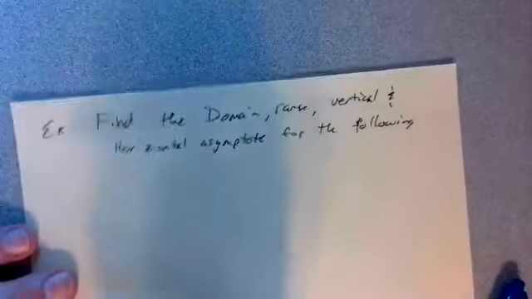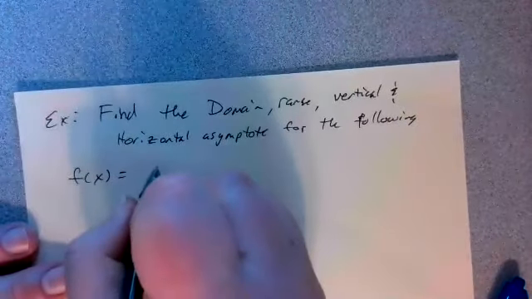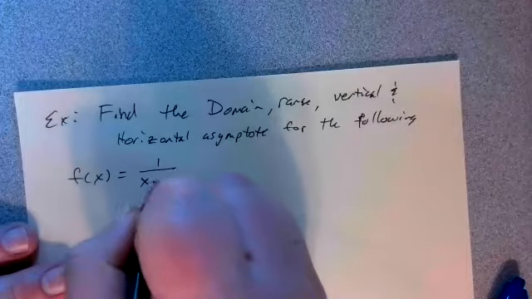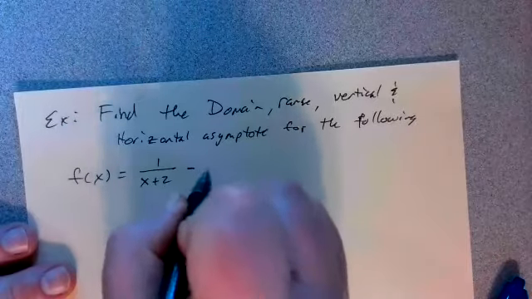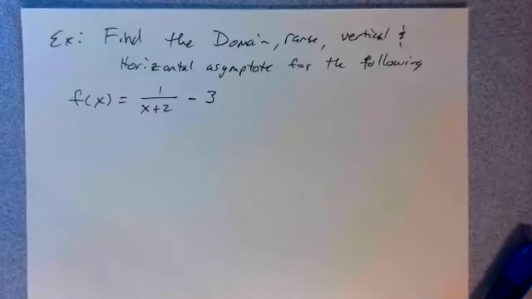And let's call it f of x equals 1 over x plus 2, minus 3. So the domain and range, vertical and horizontal asymptote for these values here.